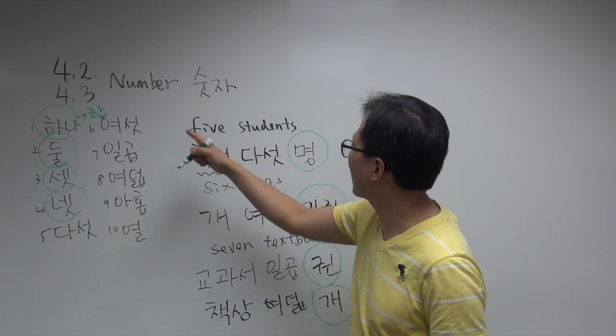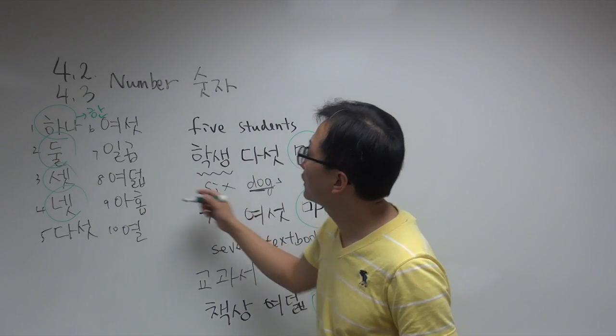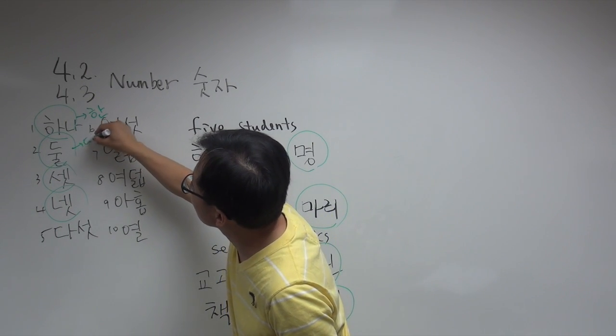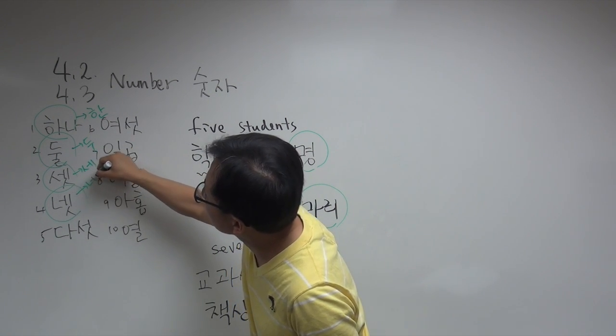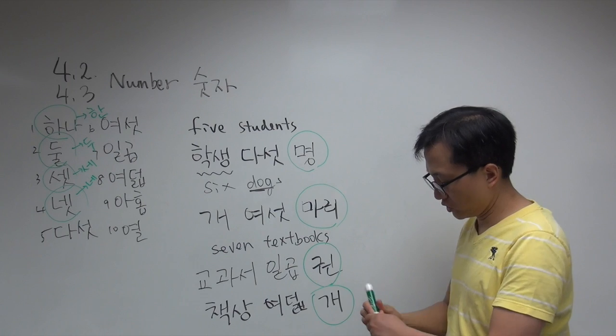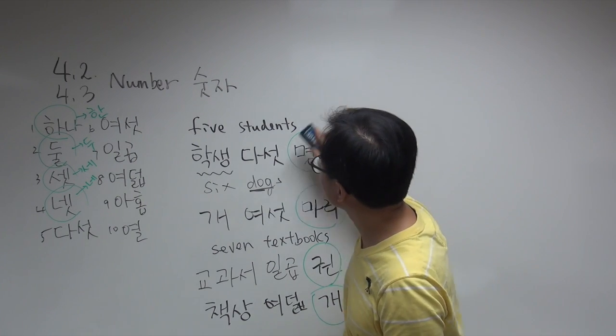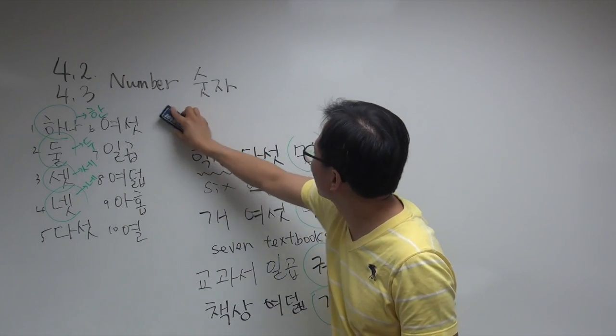So one person, 한 명, 이렇게 돼요, 한 명. And 둘 changes to 두. 셋, 넷. So let's change the numbers here. Let's say one student.